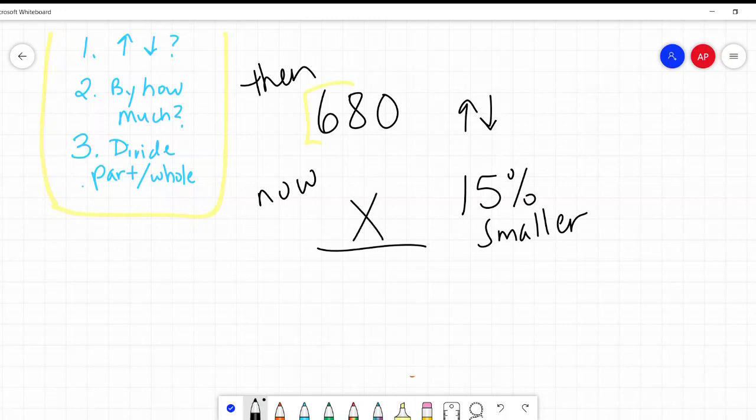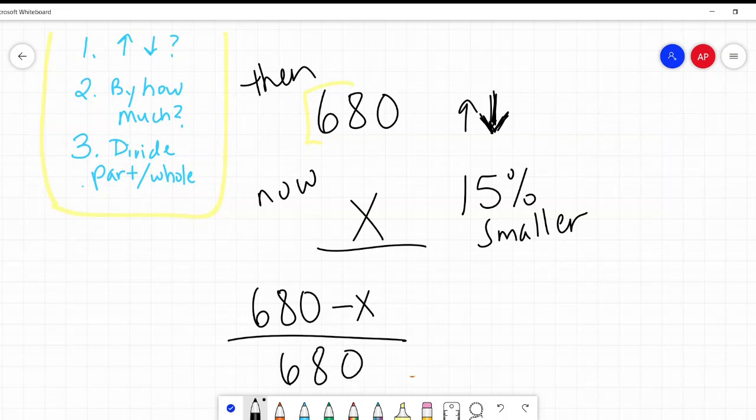So let's think about this. If this is x, our unknown, then we'd ask, did it go up or down? It went down, so x is going to be smaller. So 680 minus x, since it's the smaller number, divided by 680 is going to equal 15% smaller, which is the same as 0.85, and then solve for x.